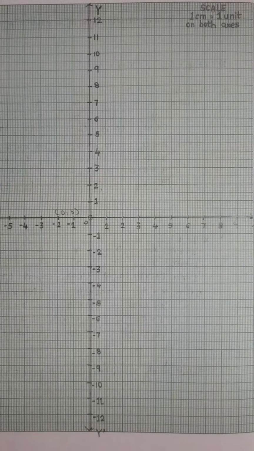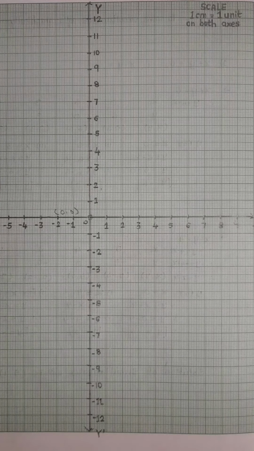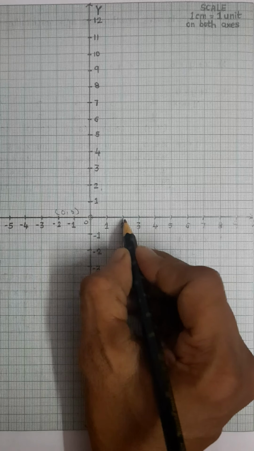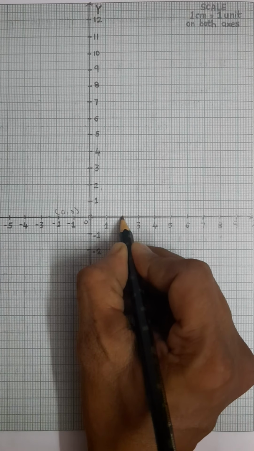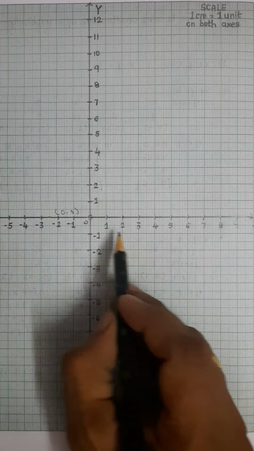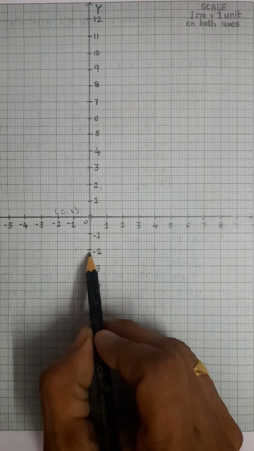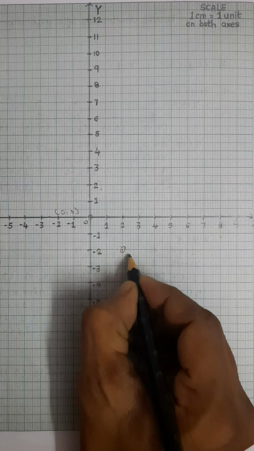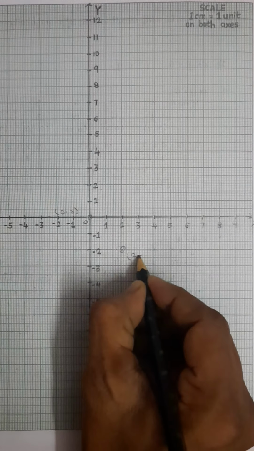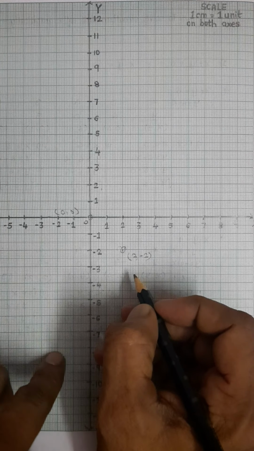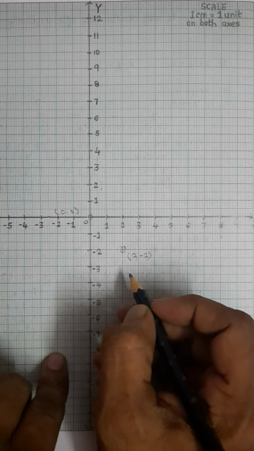Second coordinate points are 2 and minus 2. On x-axis we have to see the 2, and on y-axis we have to see the minus 2. Therefore this is plus 2, on y-axis it is minus 2, the point is here, and write down the coordinates 2 and minus 2. Then we have to see the third order pair, that is minus 2 and 2.